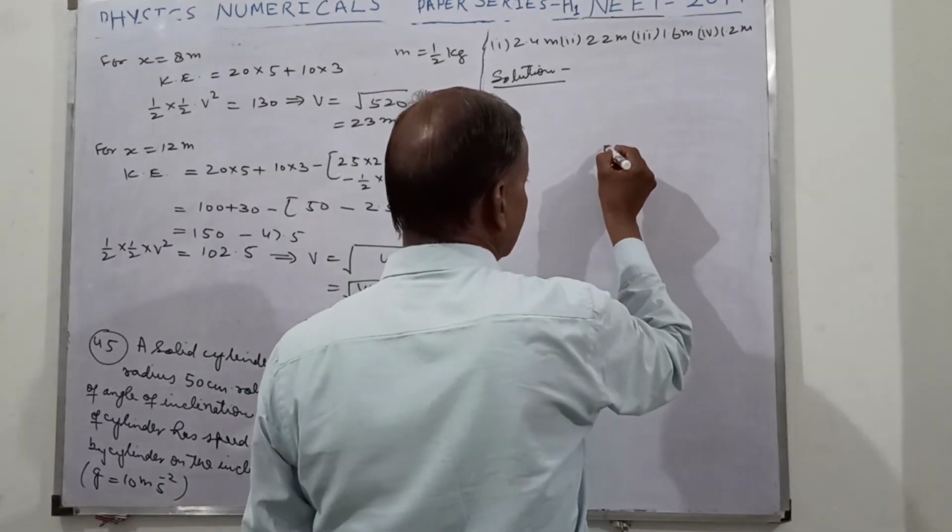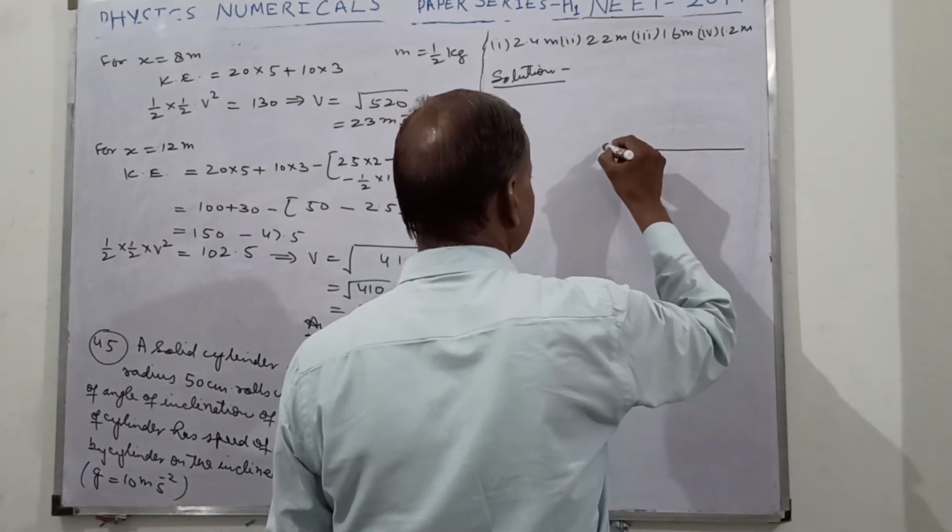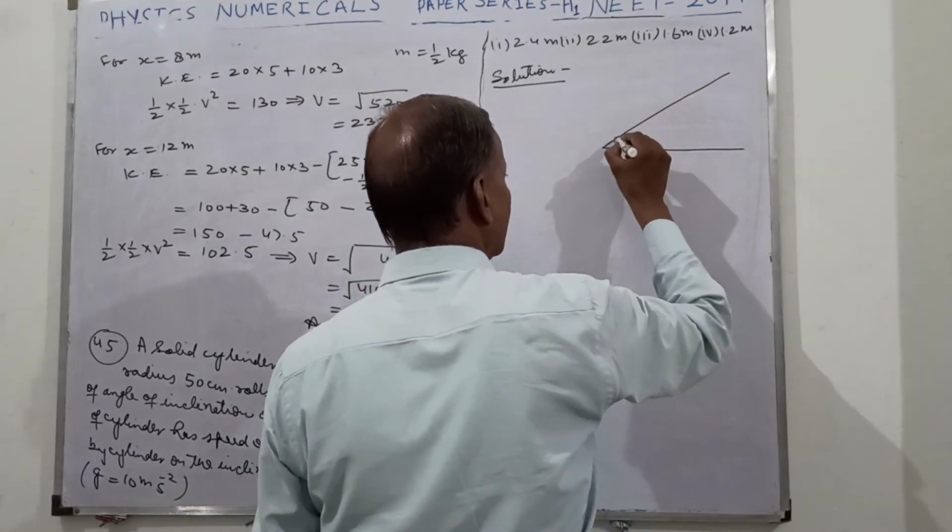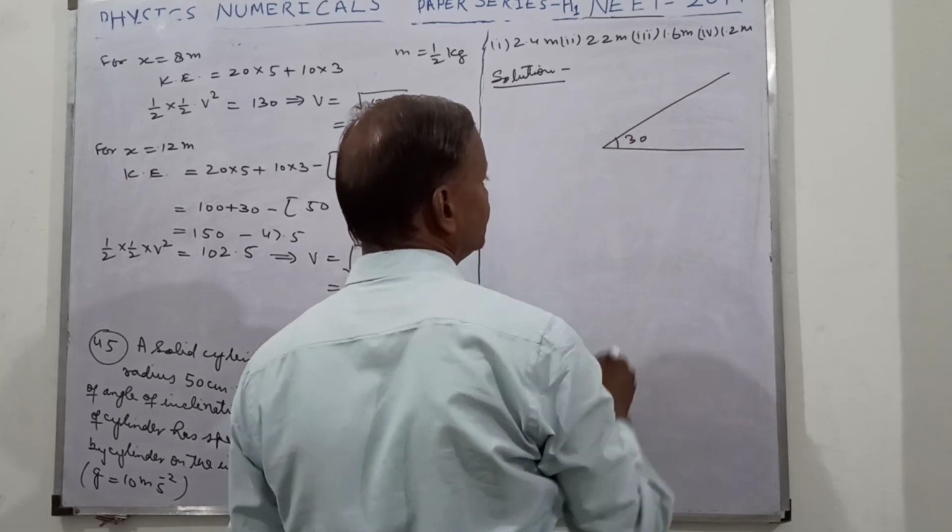Now this is the inclined plane, with angle 30.